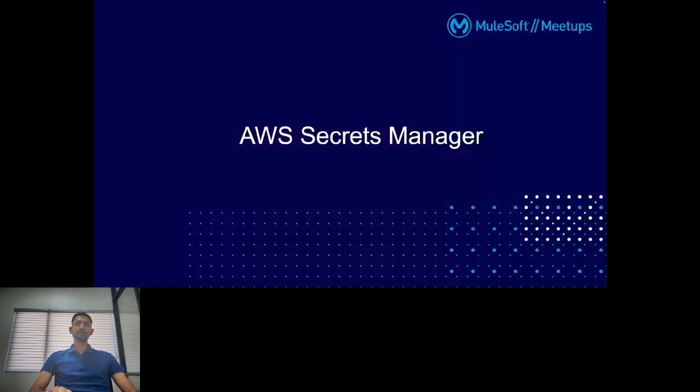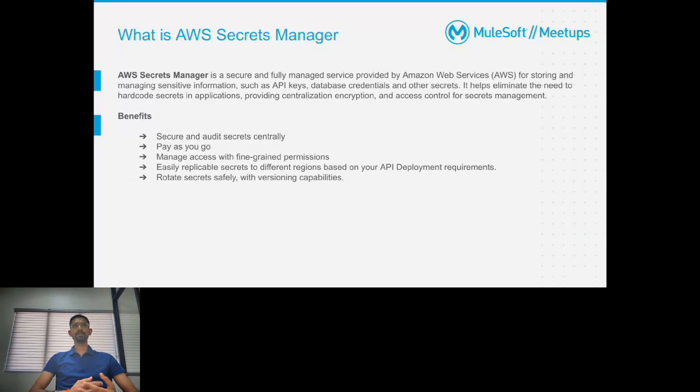Moving on, let's take a look into AWS Secrets Manager, what it is, and what it is capable of doing. It's basically a fully managed service provided by AWS, wherein we can store and manage sensitive information.